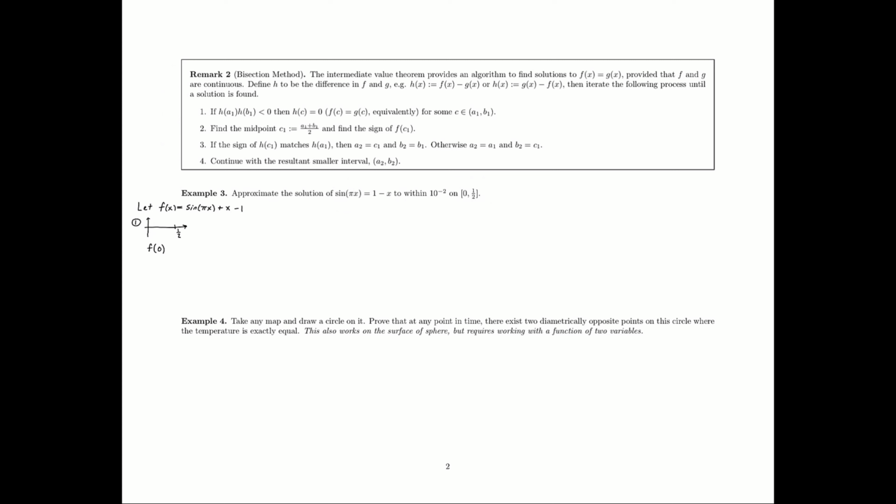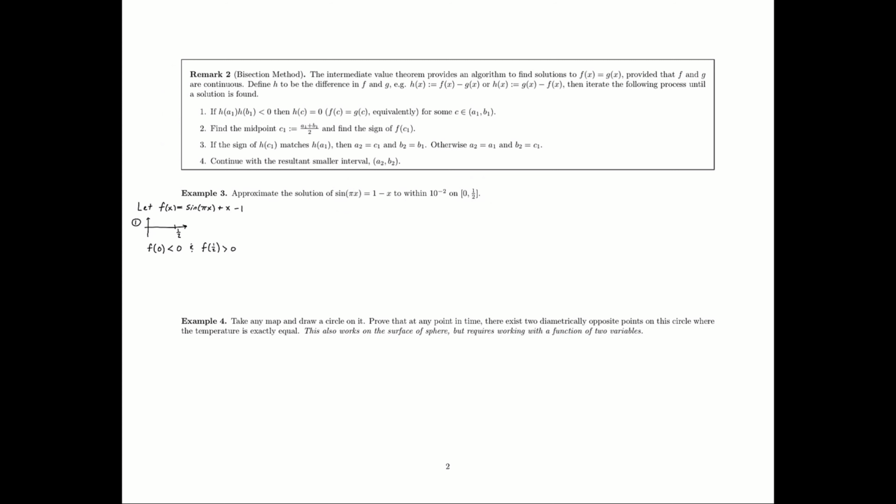For these numbers, I am not going to write down what the actual decimal approximation is. I'm simply going to state whether it's positive or negative. I'm using a computer here to do this. If we check this out, we are going to get negative for f of 0 and positive for f of 1/2.